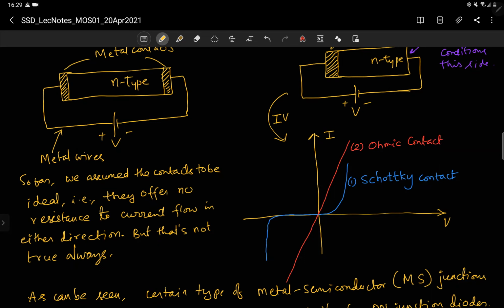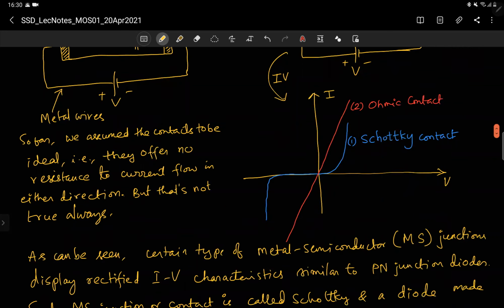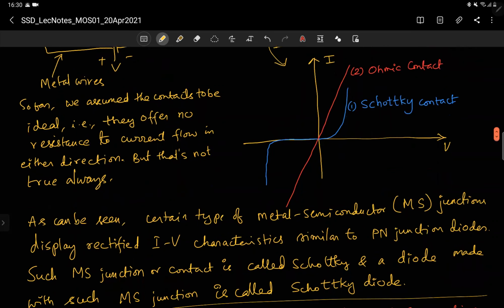The other type of contact is the Schottky contact, shown by this blue curve, which is almost similar to the PN junction characteristics. There is a cutoff region like this, meaning a cut-in voltage. So it does not start directly at zero, but the current starts to rise exponentially after some voltage.